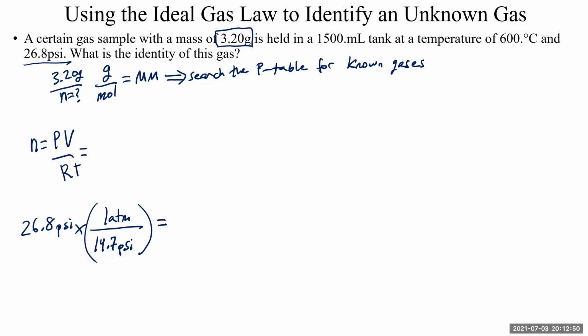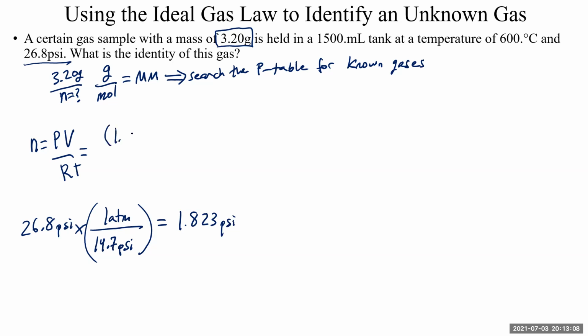So we take 26.8 divided by 14.7. We end up with 1.823. Again, I'm using more decimals than I normally would because I'm not yet at the end of my calculation, so I don't want to round too much.